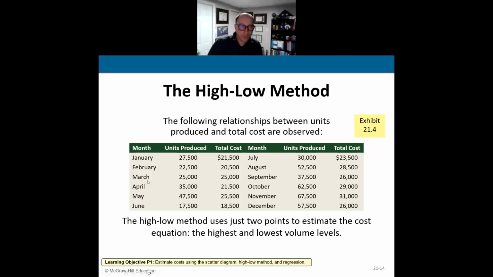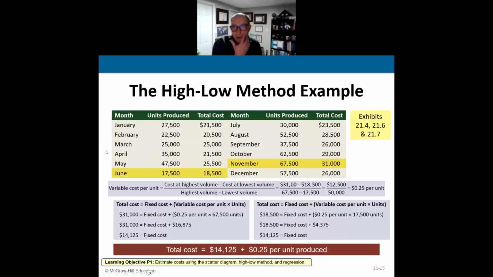Let's remember this. So now I take that information, my high November, my low June, and using the high-low method, I subtract the lowest amount from the highest amount to find the variable cost per unit. Highest amount, November, 31,000.